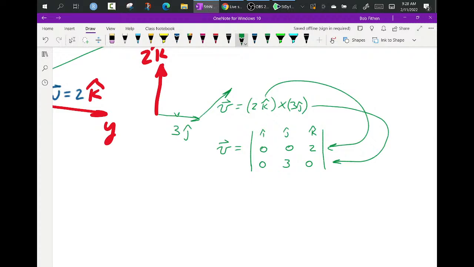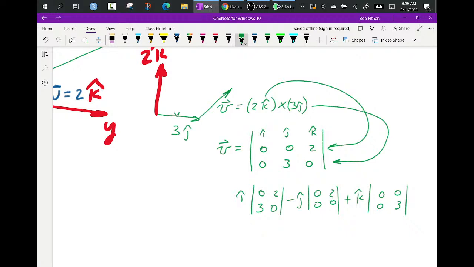Now, if you list them and do the cofactor expansion, I'll take the i times this 0, 2, 3, 0, then minus j times this 0, 2, 0, 0, and plus k times this 0, 0, 0, 3.